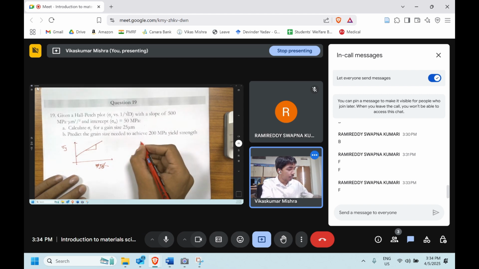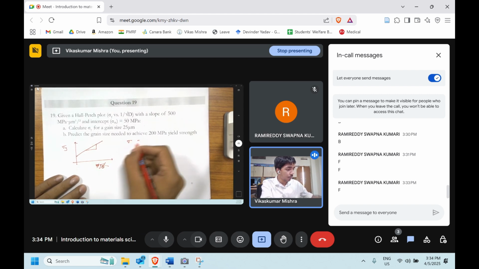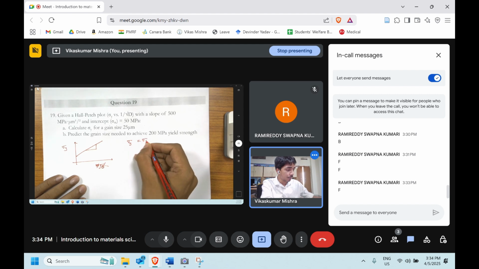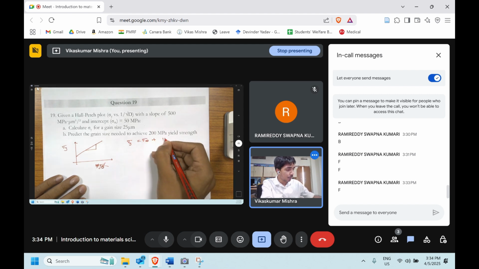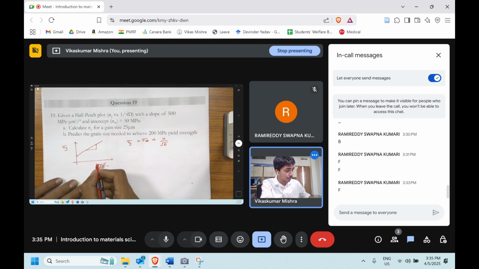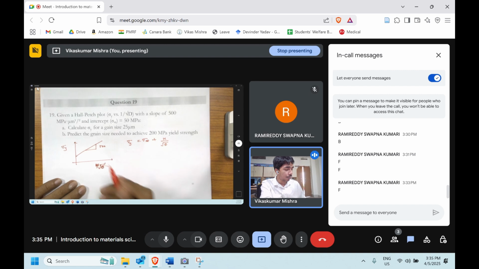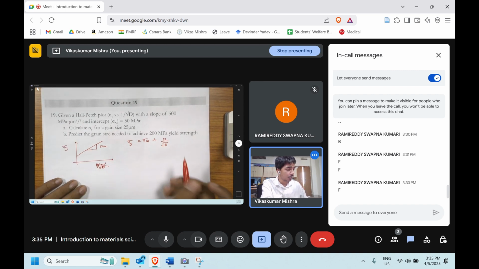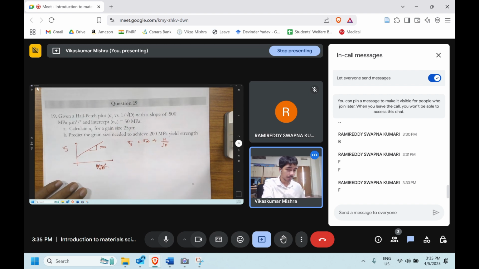So we know that sigma y is equal to sigma infinity plus k upon root d. What is given to us is that the slope is 500 MPa root micrometer, and the intercept is given to us.